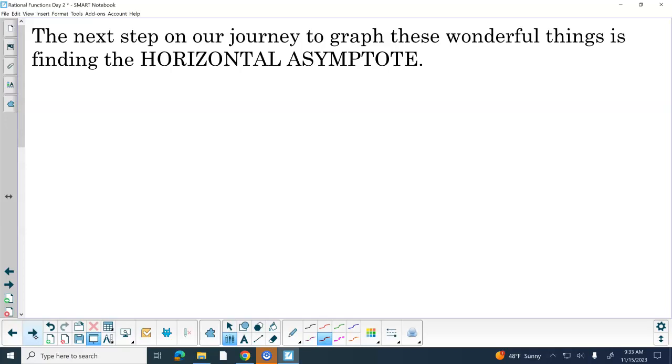Yeah. Okay? So our next step is now we're going to talk about our horizontal asymptote. Okay? So let's talk about what a horizontal asymptote is. So first off, just like a vertical asymptote, it is a line. Okay? So a vertical asymptote has the form x equals some number. What does the horizontal line have a form of?